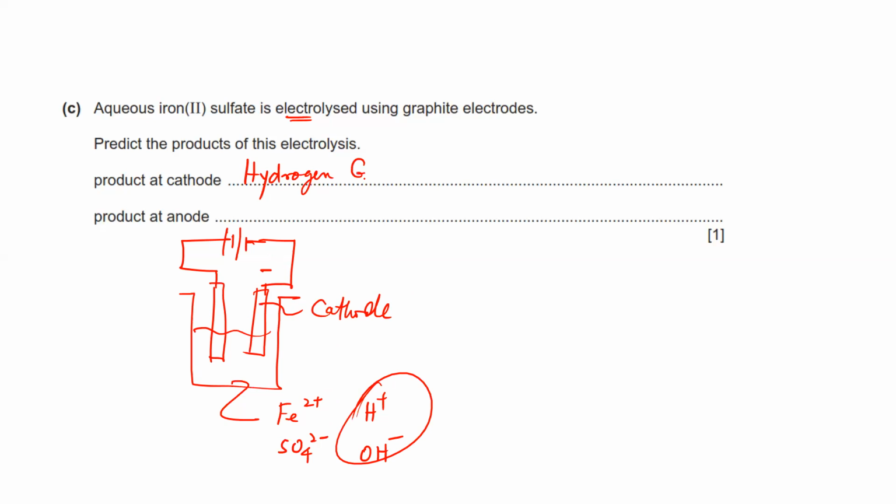And at the anode, OH negative ions will go here, and oxygen gas will be released. So these will be the products of this reaction. So remember, the easiest way to check, it is an aqueous solution. So it means that the iron sulfate is dissolved in water, and that is why we get the H positive and OH negative ions.